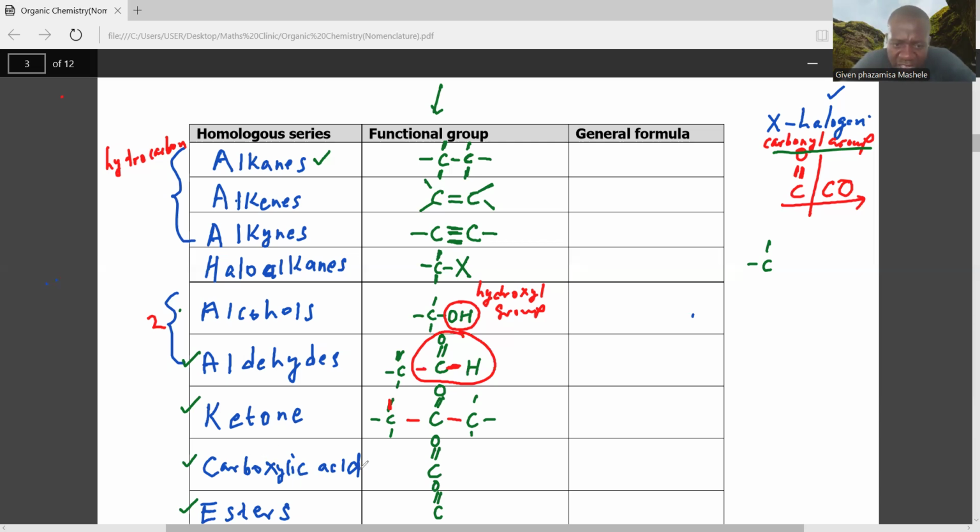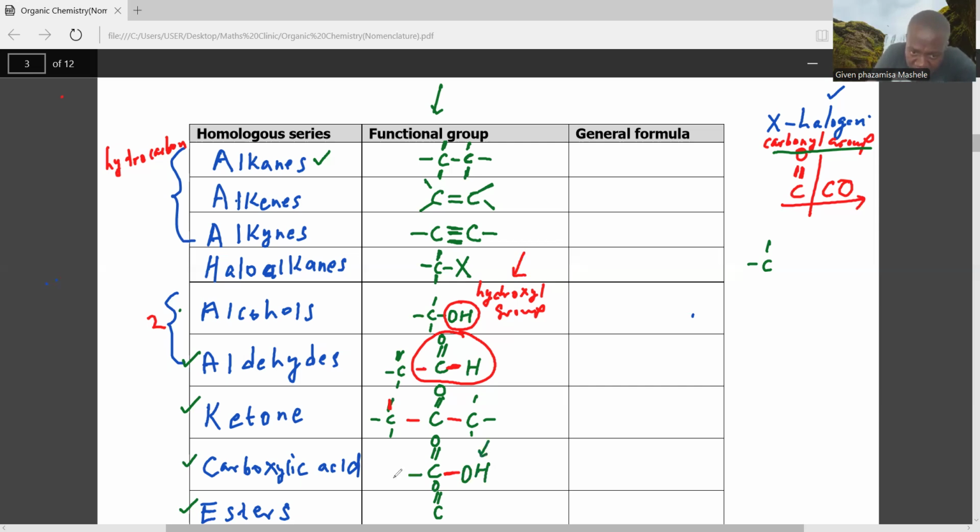Then, how about the carboxylic acid? On the carboxylic acid, listen to me very well, one side of the carbonyl should be a hydroxyl group, which is the OH. The other side should either be carbon or hydrogen, but one side should be the hydroxyl group.